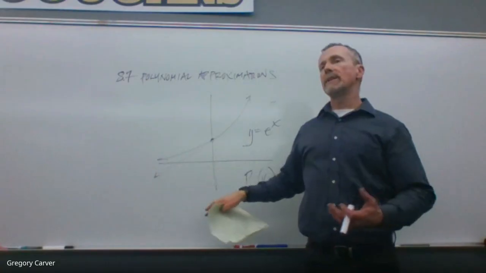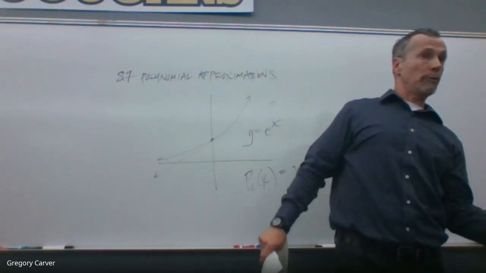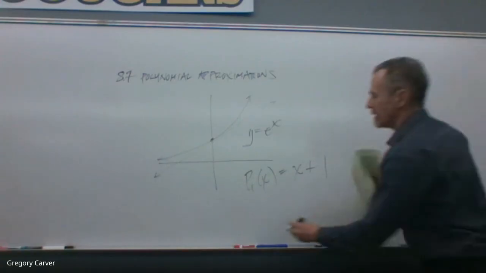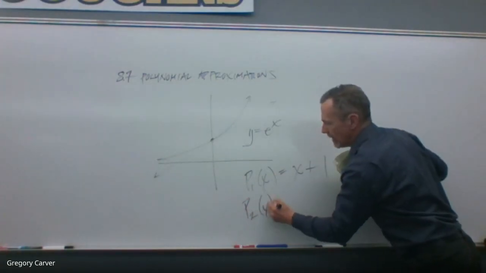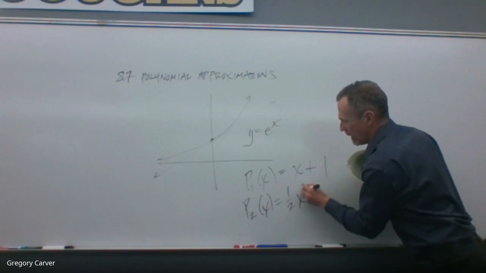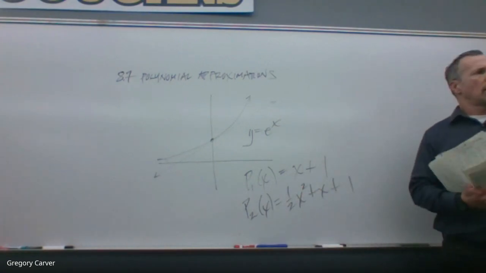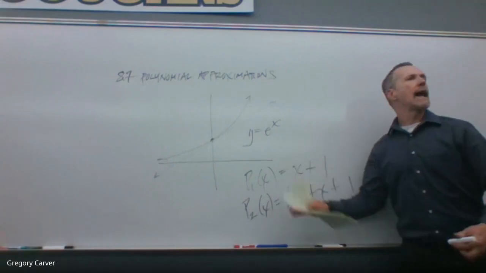And so what we do is we step up the power of the polynomial approximation. Suddenly we say, I want not only the slope and the functional values to be the same, but I also now want the concavity to be the same there as well. And what you end up getting when you work through the algebra is p sub 2 of x, which is 1/2 x squared plus x plus 1. Again, working through the algebra is not the important part here.